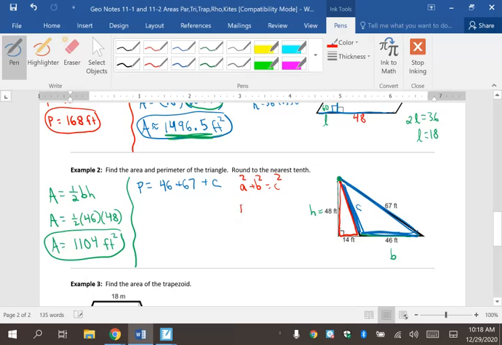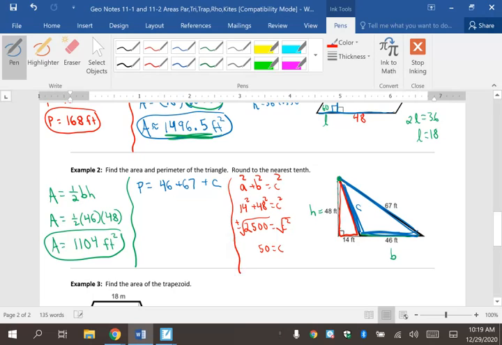So we have 14 squared plus 48 squared equals C squared. So 14 squared plus 48 squared is 2,500. Take the square root of both sides. Show that you're taking plus or minus. And our answer is the positive value because it is a length of the side of a triangle.